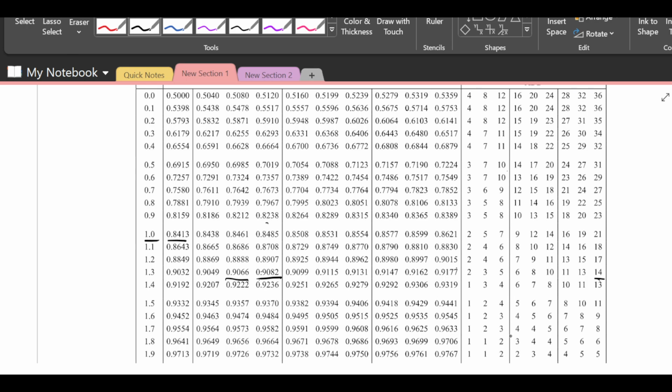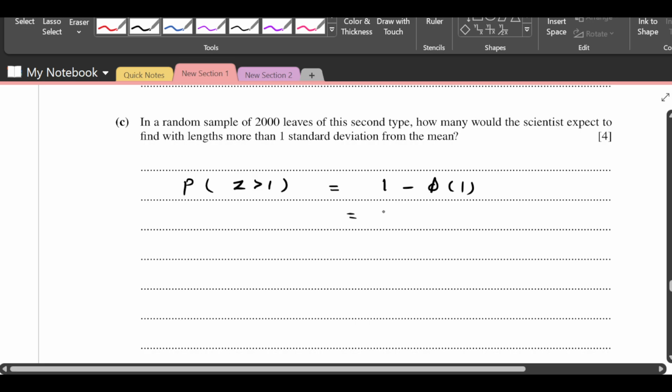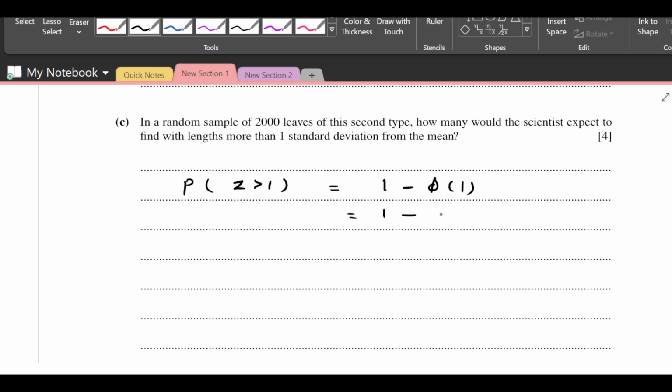Z greater than 1 means 1 minus phi of 1, which is 1 minus 0.8413, which is 0.1587.